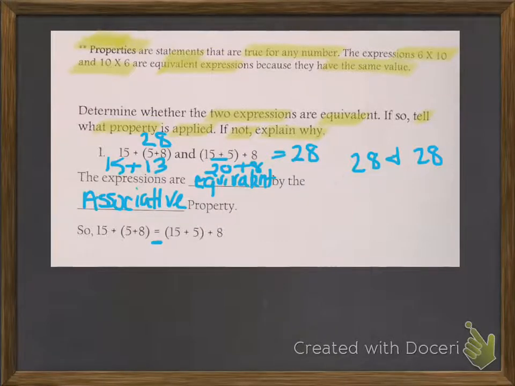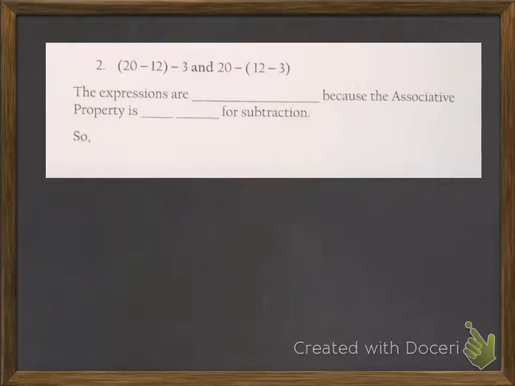Let's practice this again. Number 2, again we have parentheses at the beginning and parentheses at the end. We have 3 numbers. An associative property is the way in which 3 numbers are grouped. So this is associative property as it states right here. We've got to find out if they're equivalent or not.